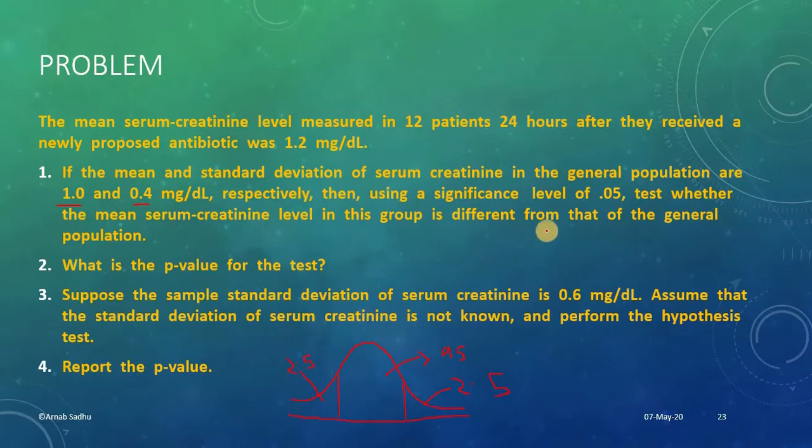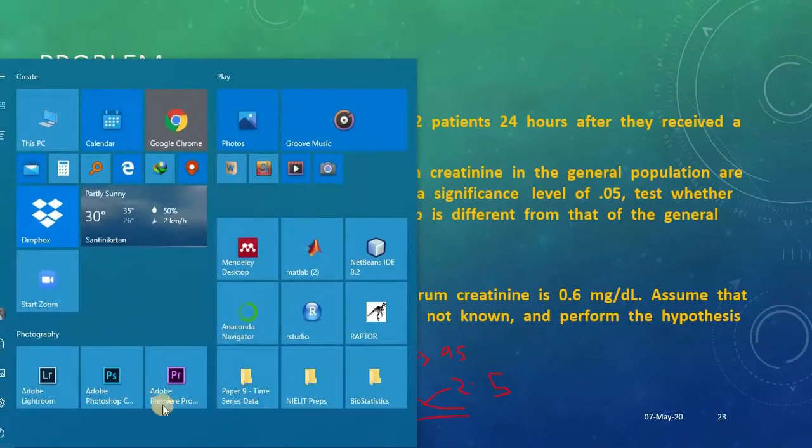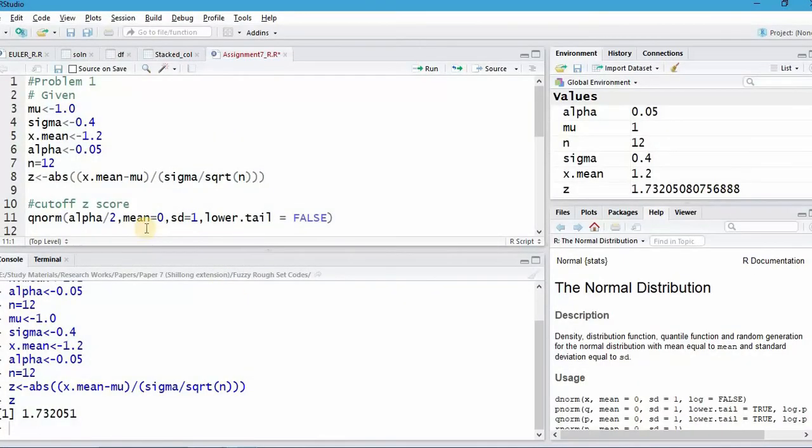Your alpha is 0.05, which is 5%, distributed in two halves, 2.5% each in the left and right parts. So your significance level will be tested with a two-tailed test, and your alpha value will be divided in two halves, with mean equal to 0 and standard deviation equal to 1, and lower.tail equal to FALSE.